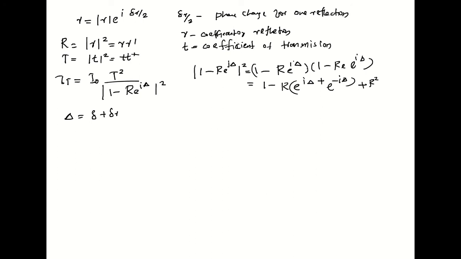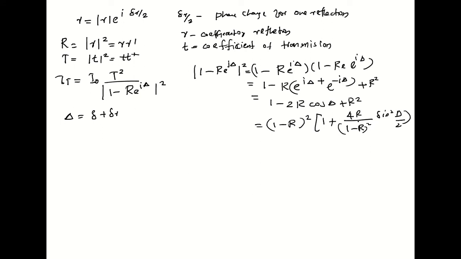So if you expand this equation, you will get 1 minus 2R cos delta plus R squared, which we can represent in terms of cos. Also, if you take 1 minus R whole squared outside, then you have 1 plus 4R divided by (1 minus R) whole squared times sin squared delta by 2 as your equation.